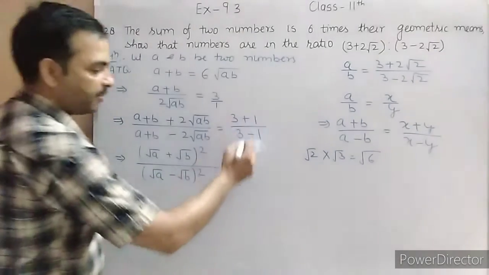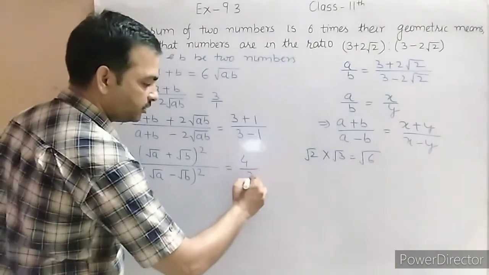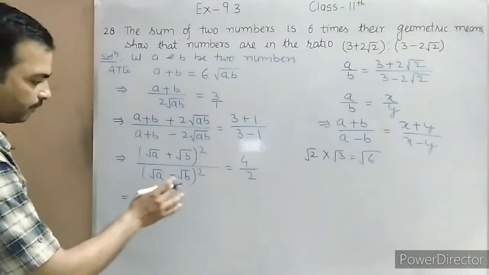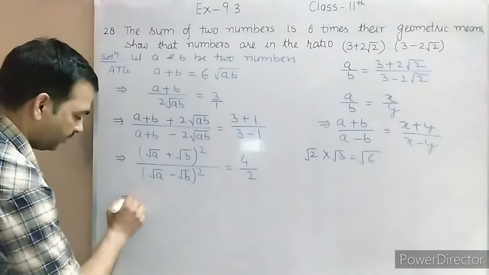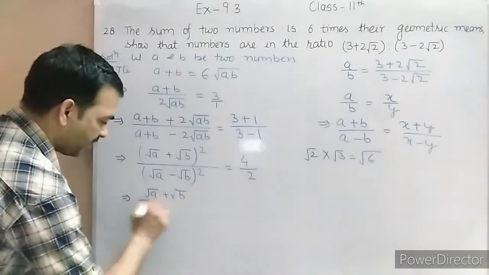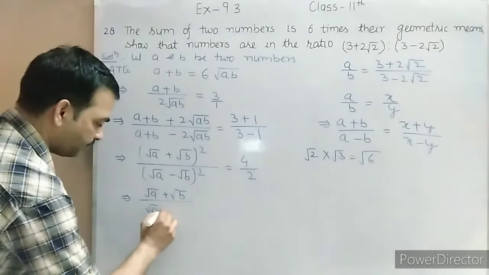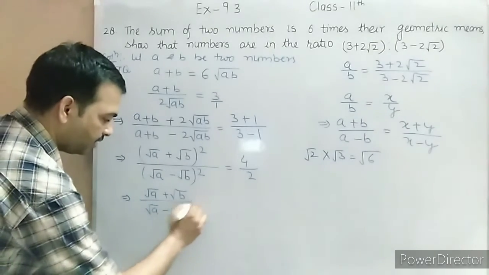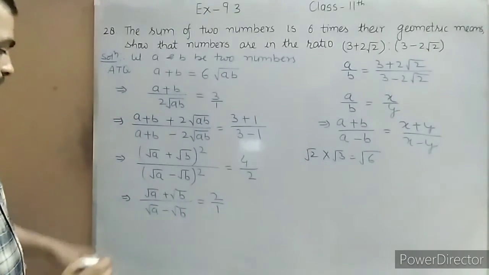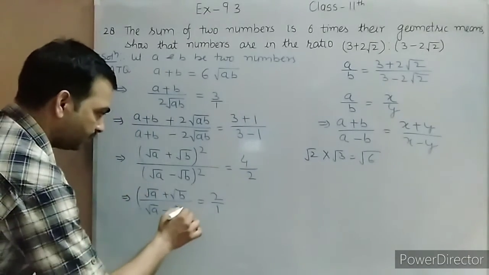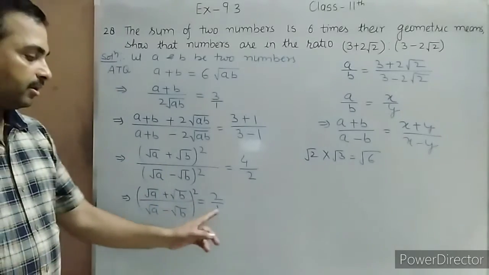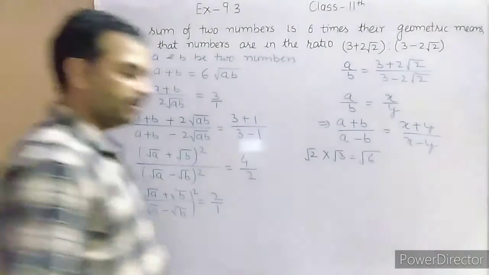It is equal to 3 plus 1 is 4, 3 minus 1 is 2. So here we get 2. Now, root A plus root B divided by root A minus root B, whole square, is equal to 2 by 1. Now, taking square root on both sides, what do we get?